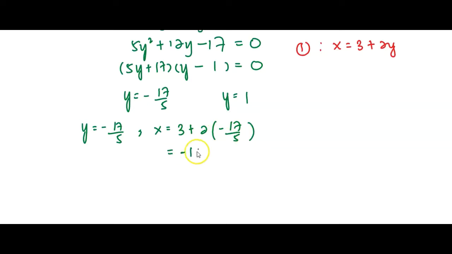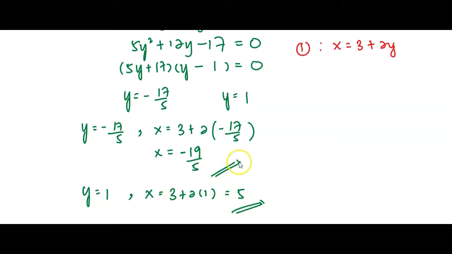We have negative 19 over 5 for x. And when y equals 1, again, substitute the value of 1 into y here. You get 3 plus 2 multiplied by 1, that will be 5. So we have two sets of solutions. One is when x equals negative 19 over 5, y equals negative 17 over 5. The second set of solution will be x equals 5, y equals 1.